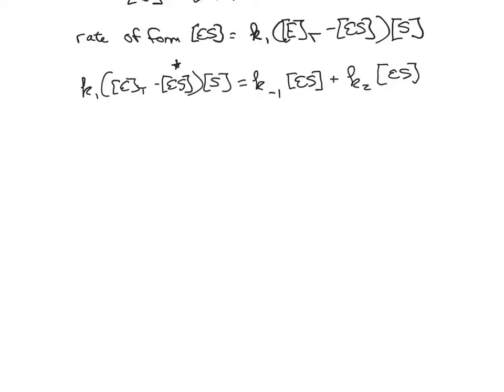All right, so let's just distribute the K1 and the S. So that becomes K1 times E total times S minus K1 times ES times S. All I did was distribute K1 and S over the quantity E total minus enzyme substrate complex. The other side I'm not going to change.